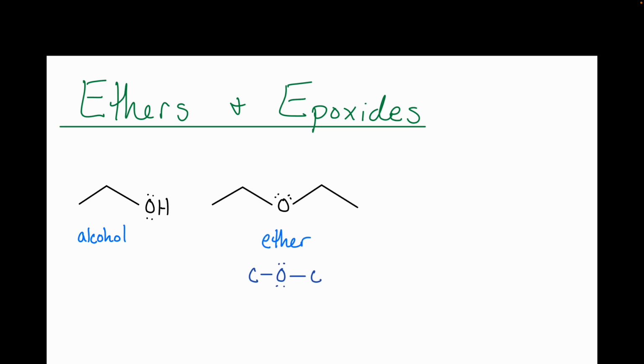All right, and as the title implies, we're also going to talk about epoxides. Epoxides are actually just a type of ether. So again, we have our oxygen bound to two carbon atoms, but it is a very special type of ether where that oxygen and those two carbon atoms are forced into this three-member ring here.